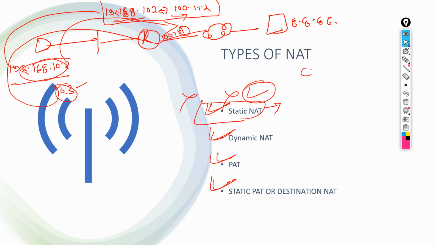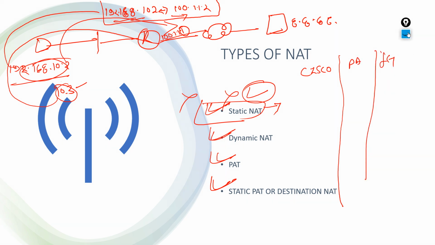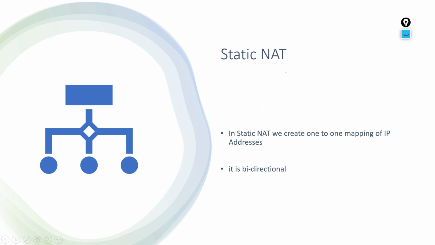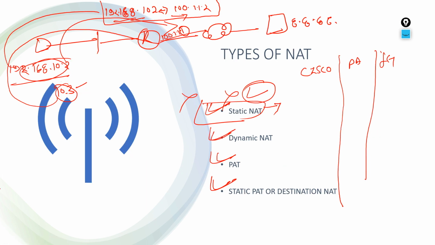So let's suppose Cisco ASA, there is a Palo Alto, and there is a FortiGate. Cisco supports static NAT, dynamic NAT, PAT, and static PAT or destination NAT.